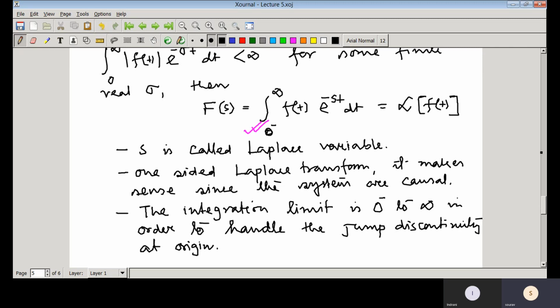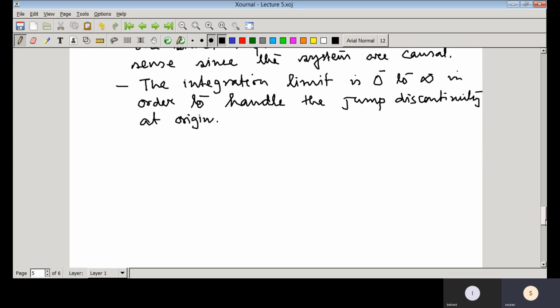So you all know those things. I am just writing the reason those things should be required when we analyze that control systems.